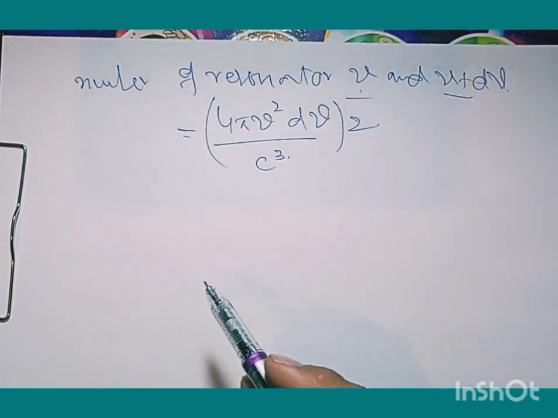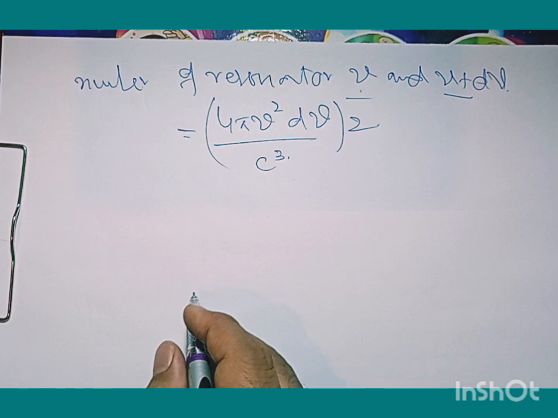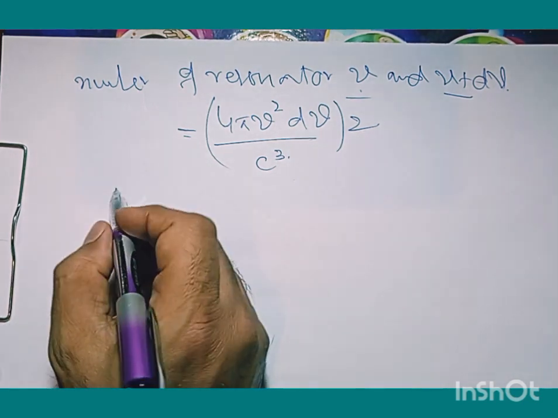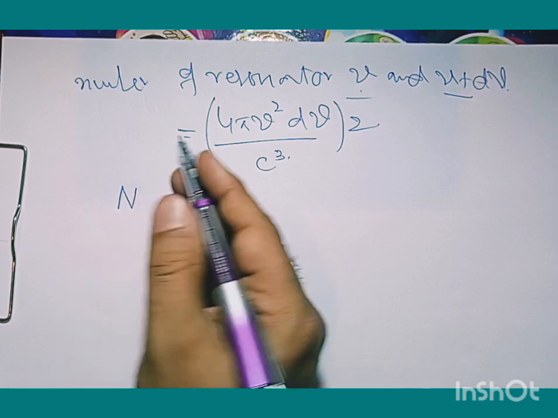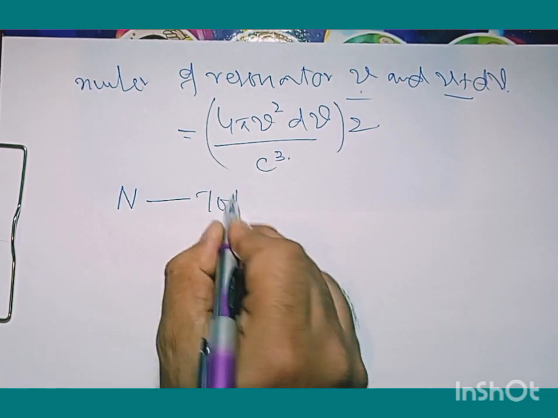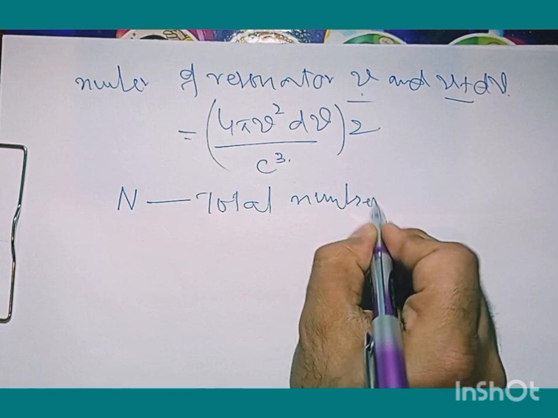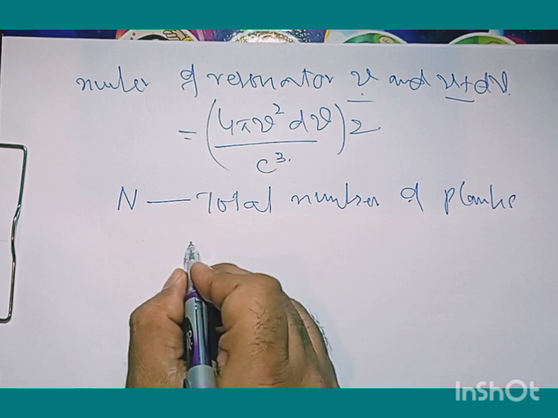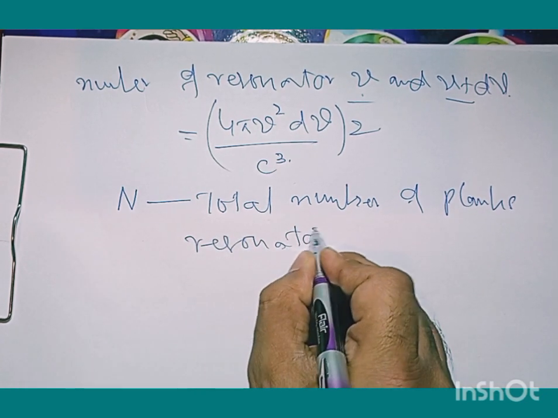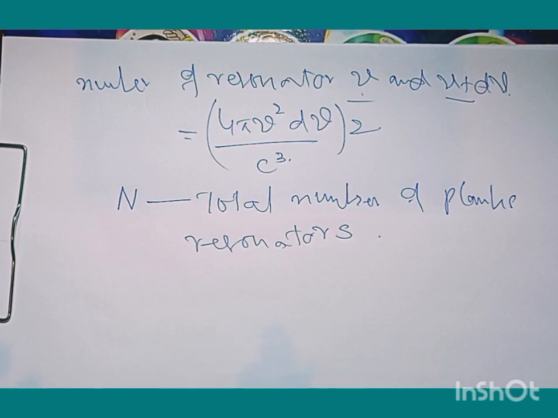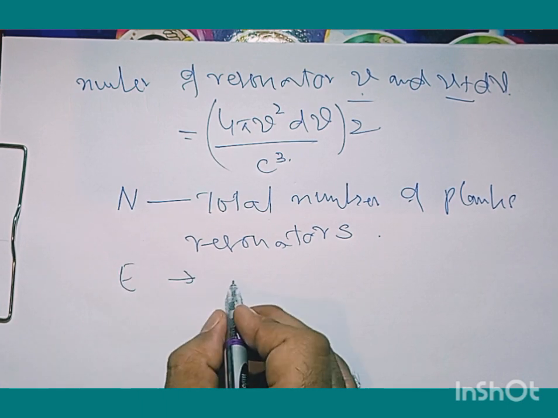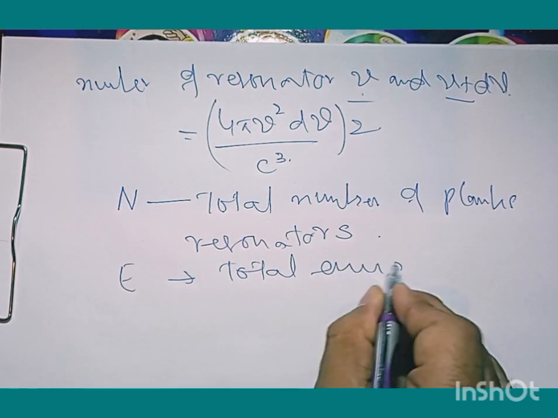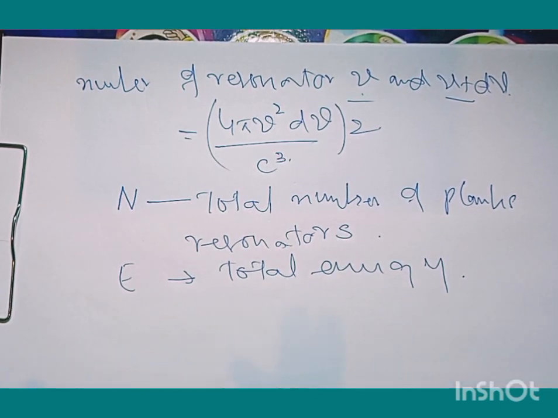Now let's calculate the average energy of this Planck's oscillator. Assume that we have N as the total number of Planck's oscillators or resonators, and E is their total energy.